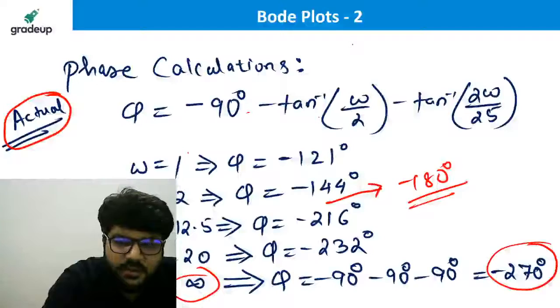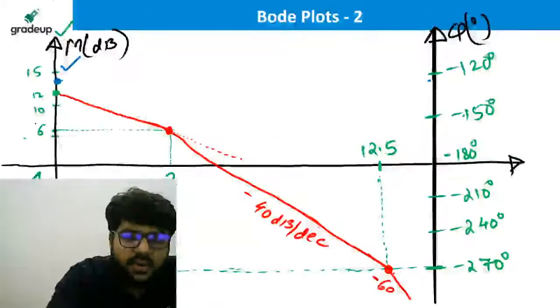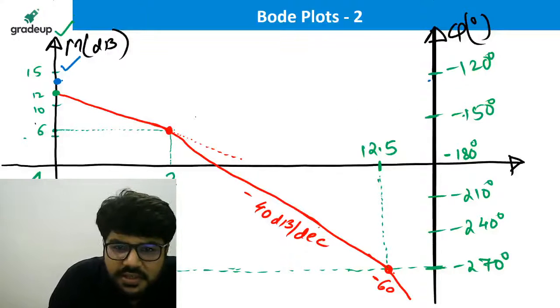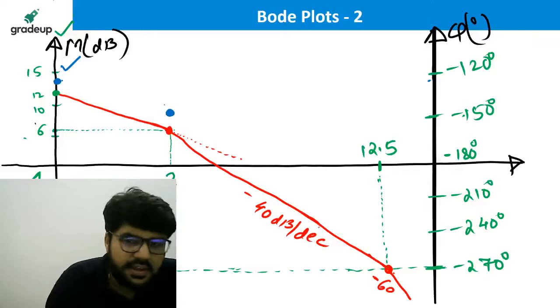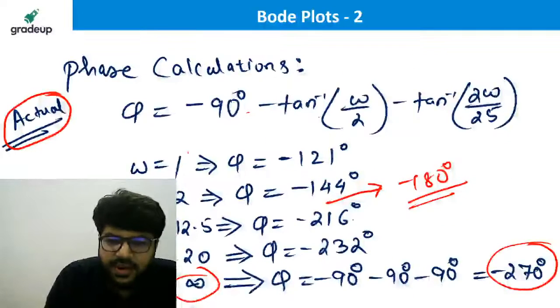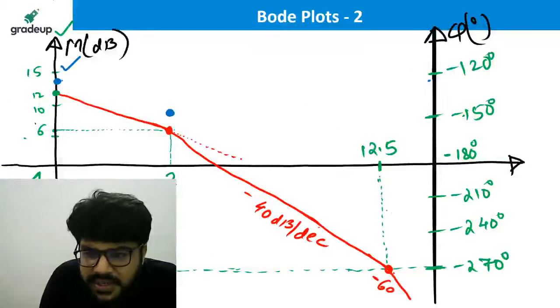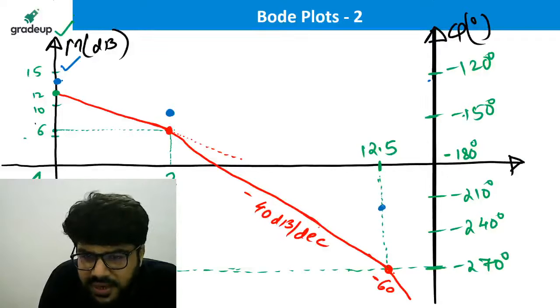My next phase value is 144 at omega equal to 144. So 144 means just above 150, somewhere here. My next phase value is 216. 216 means it will go below the x-axis, at omega equal to 12.5, the next corner frequency, this one, 216.